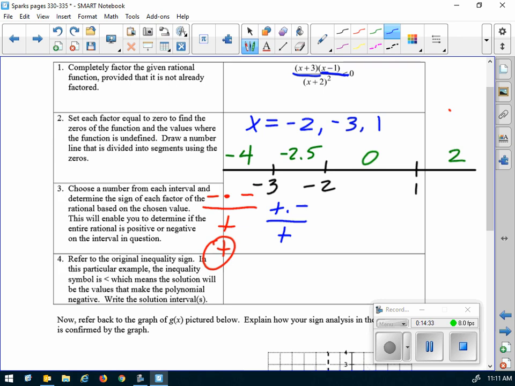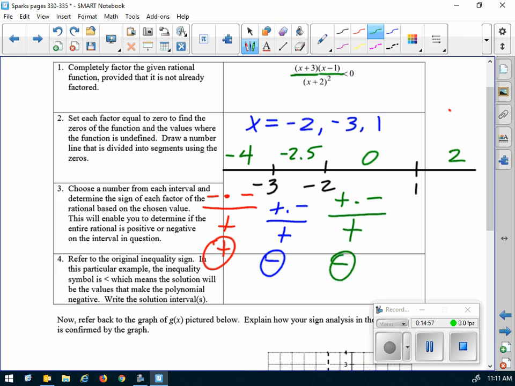Positive times a negative is a negative divided by a positive. 0. Positive. Negative has to be a positive. So what do you get?